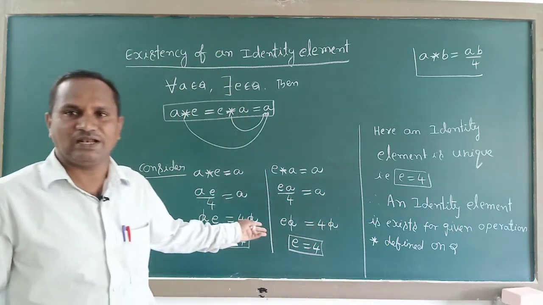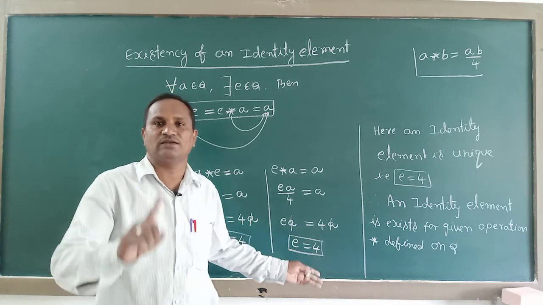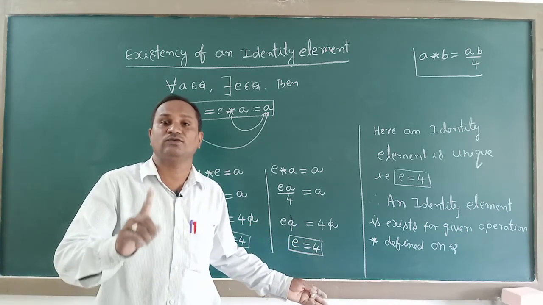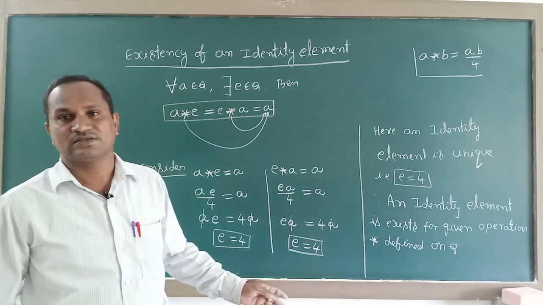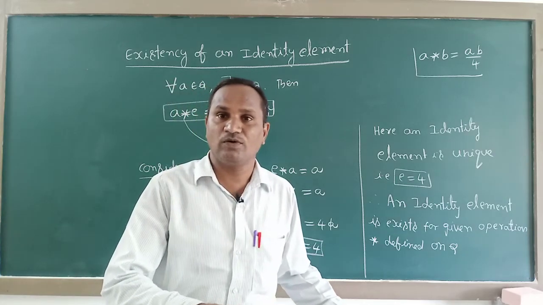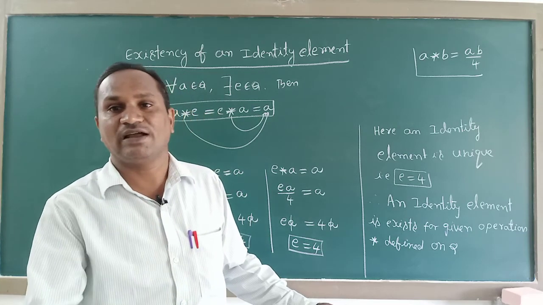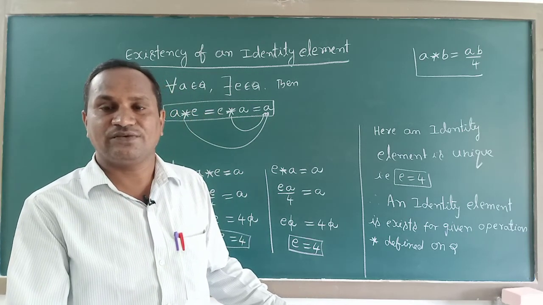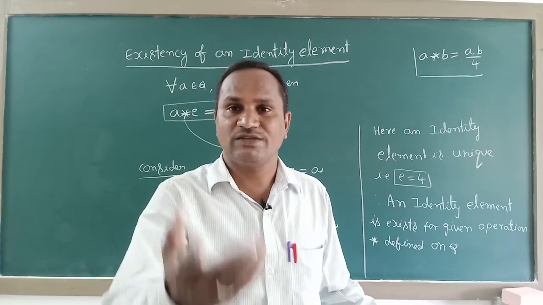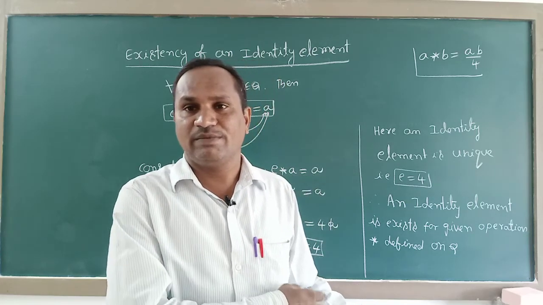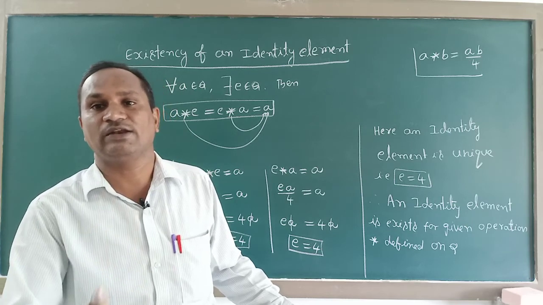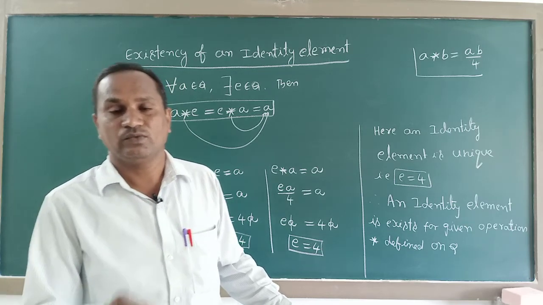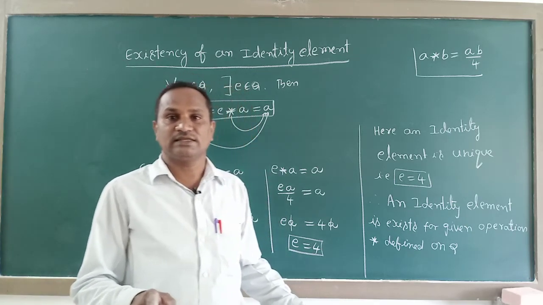We are getting the same value, and it should be one and only one number, the same on both sides. Sometimes we get different values. If we are getting different values, we can easily tell that an identity element does not exist. Same, and one and only one value. In that case only we can tell an identity element exists.